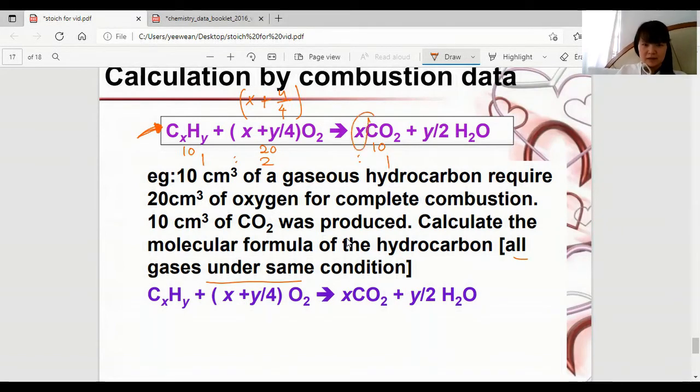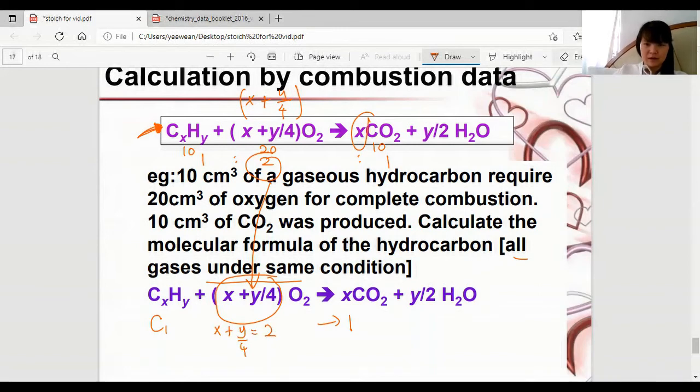Okay, this is X. So I would have already known X. X is 1. And here, 2 equals X plus Y over 4. So X plus Y over 4 is 2.